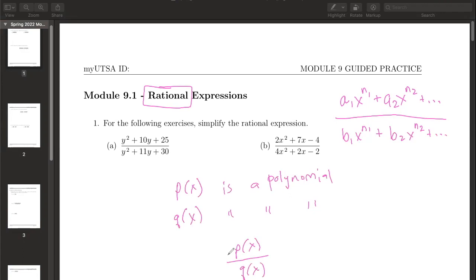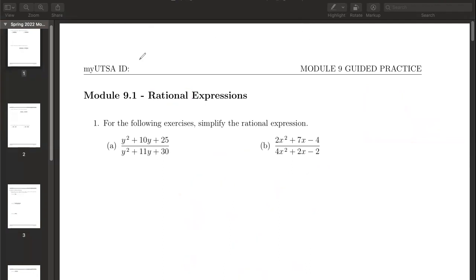So in a little bit, when we start talking about these functions, everything is going to come down to the same things we talked about with polynomials. Can we factor them? Can we find the zeros and all of this stuff? But we're just going to be looking at the zeros in the denominator as well as the numerator and seeing how those interact.